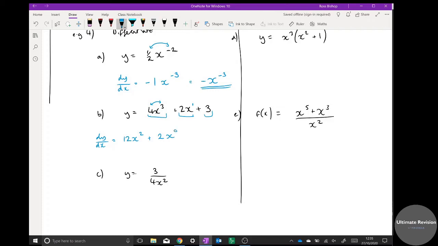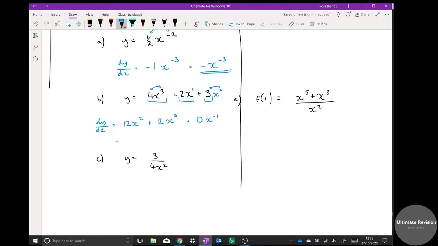Now, this one here is like secretly having an x to the 0, because remember, x to the 0 is 1. So I do 0 times 3, which is 0x to the minus 1. And that will equal, so 12x squared stays as it is, 2x to the 0 is just a 2, and 0x just becomes 0. So that's the answer there.